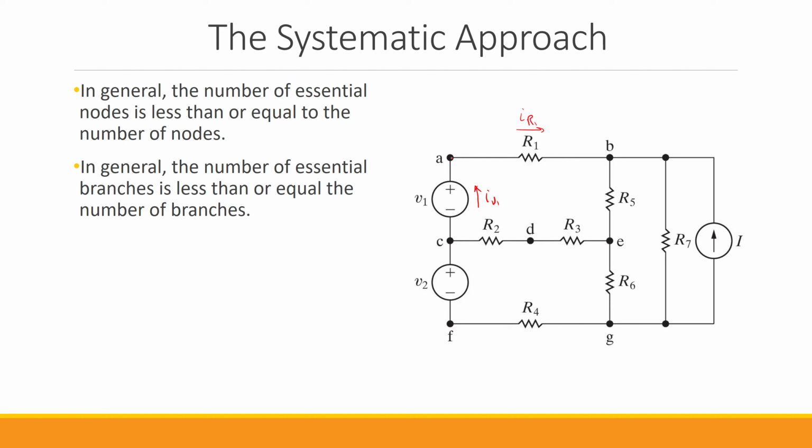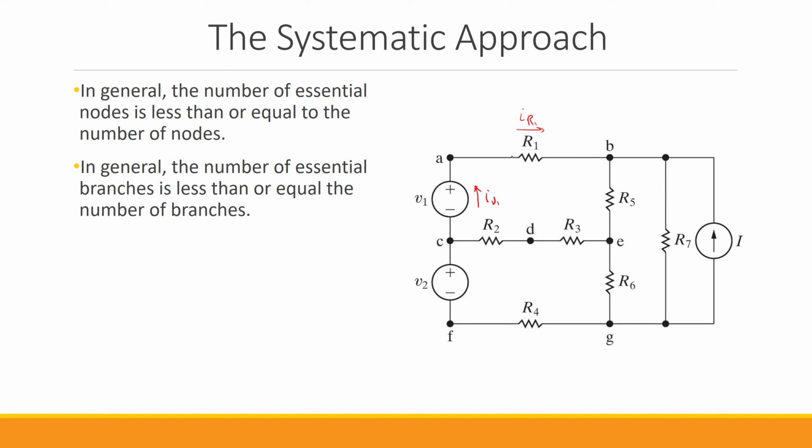For example, here we have this node that is a regular node, right? It is not an essential node. If we apply KCL to this node, the conclusion is that the current that goes through V1 is the same as the current that goes through R1.